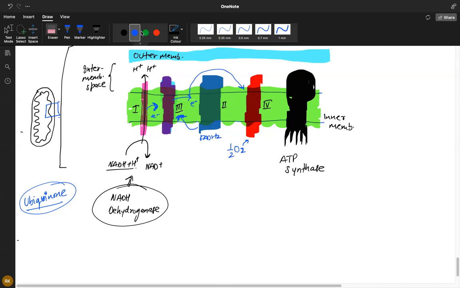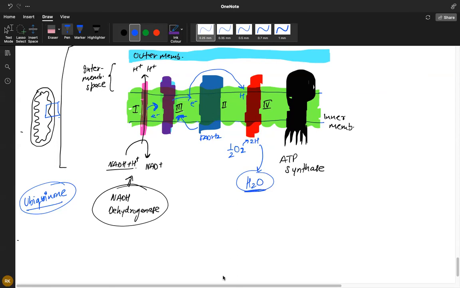So all the electrons, when it reaches here, it is hydrogen in the form of hydrogen, correct? And half O2 plus 2 hydrogen from this complex 4 makes H2O, water. So this is their final water formation, and the electron transport chain completes.